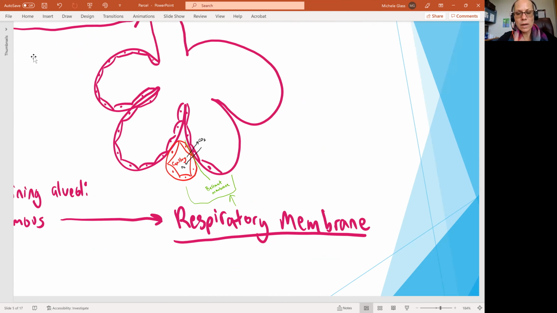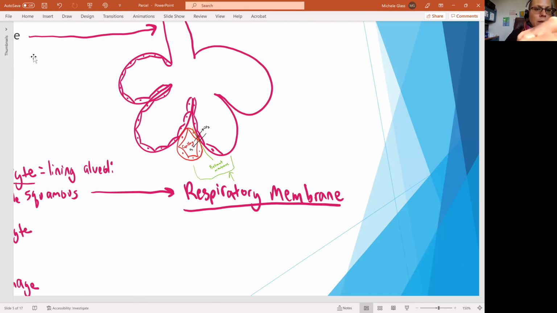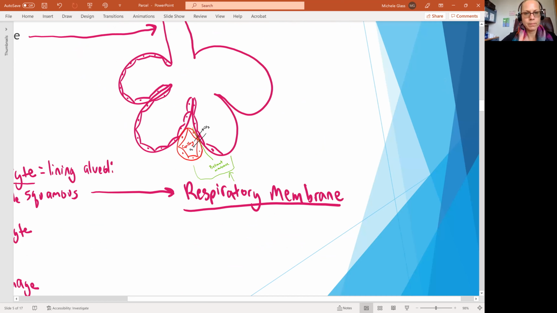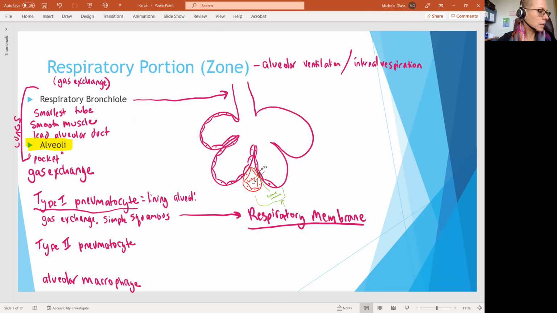When we are talking about this respiratory membrane, we will see that it's about 0.5 micrometers thick.